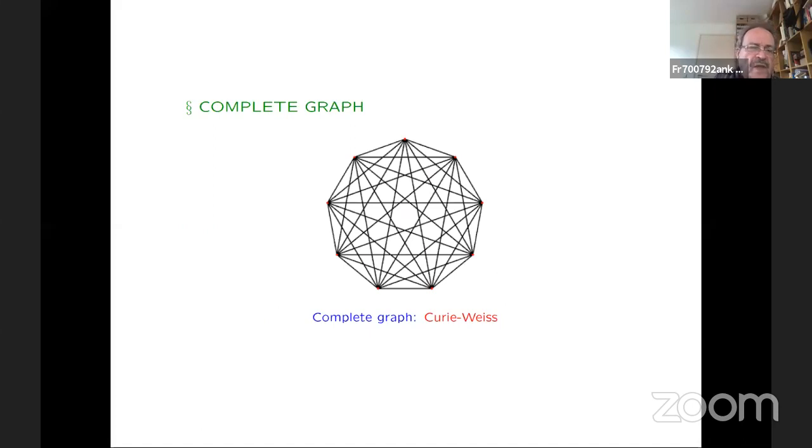So now I'm going to do two things. I'm going to first start with a very simple graph, which is the complete graph. And this leads us immediately to a very famous and old model, the Curie-Weiss model with spin-flip dynamics. And I'm going to first tell you what we know there.